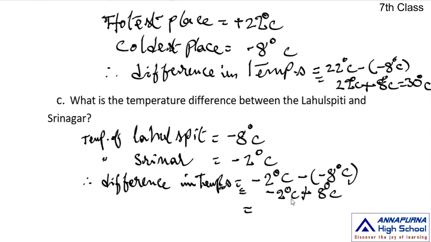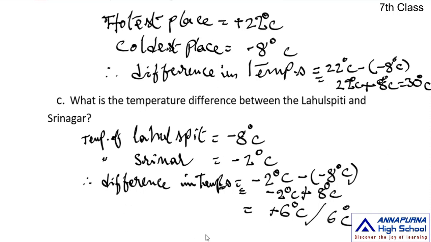Here the signs are different. If the signs are different, you subtract the numbers. 8 minus 2 is 6. Now you put the higher value's sign. Ignore the signs; 8 is the higher value. Therefore the plus sign. 6 degrees centigrade, or we can write it as plus 6 degrees centigrade.